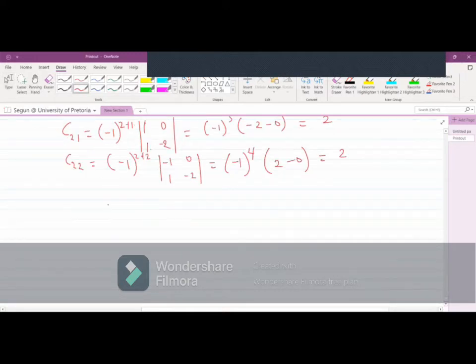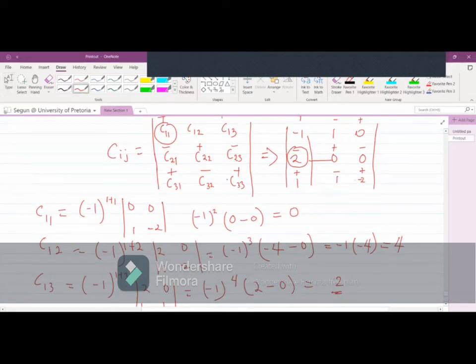So anybody with C23? Please mute yourself. C23 will be this particular gentleman. So it will cancel this row and this column.